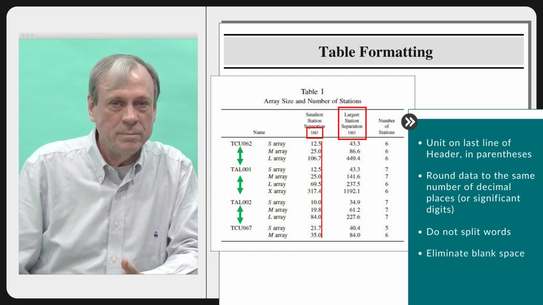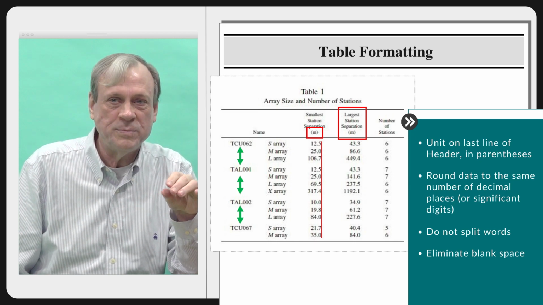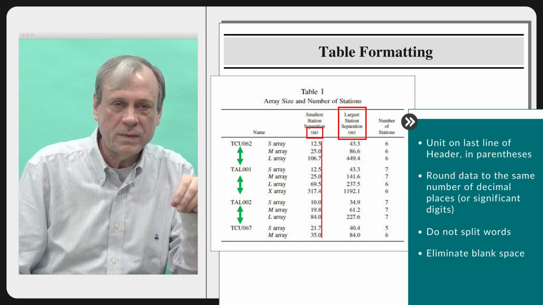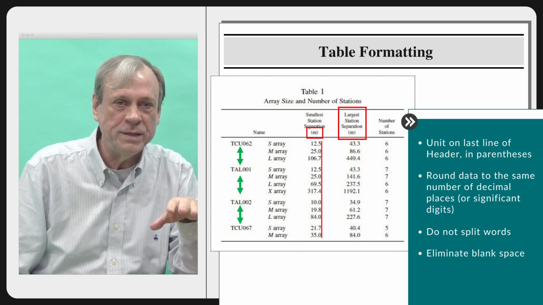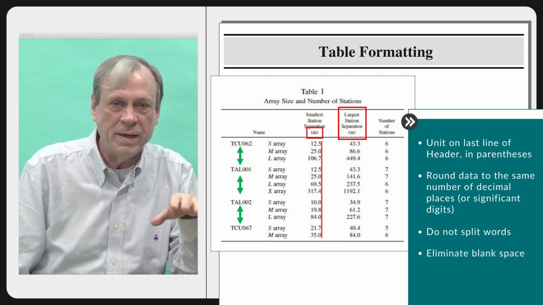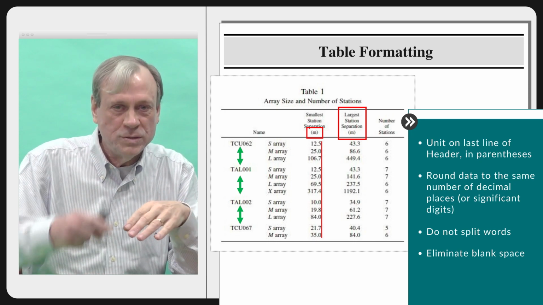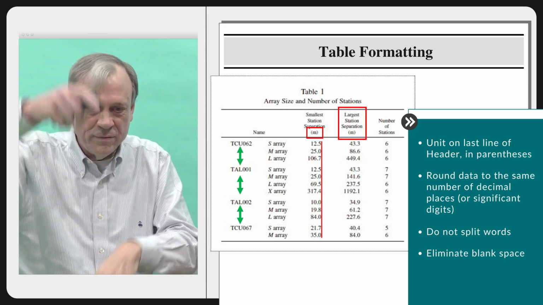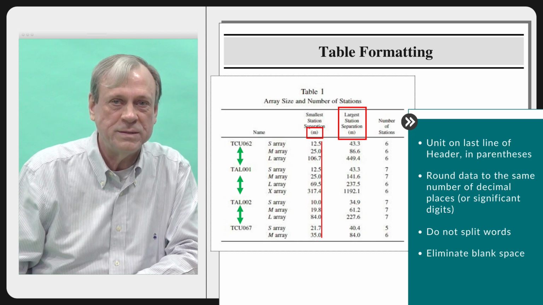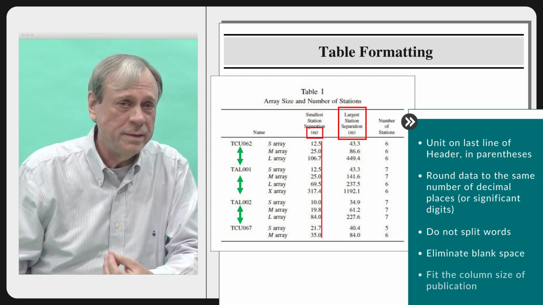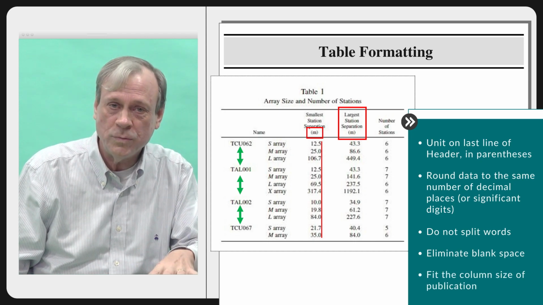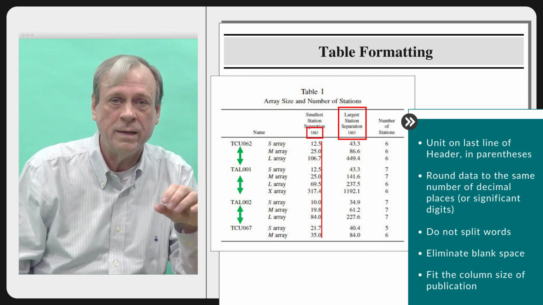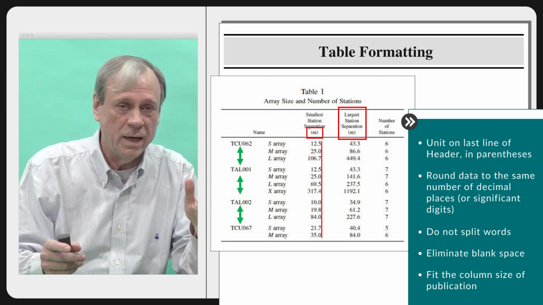And eliminate blank space, but use the blank space. For instance, here, there are some blank spaces after each of the main names of the arrays so that you can separate them easily by group. But don't have unnecessary blank space. And in some cases, with a publication, with a web page, something like that, you need to consider the column size.